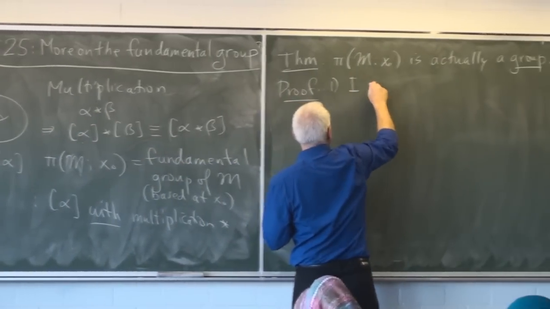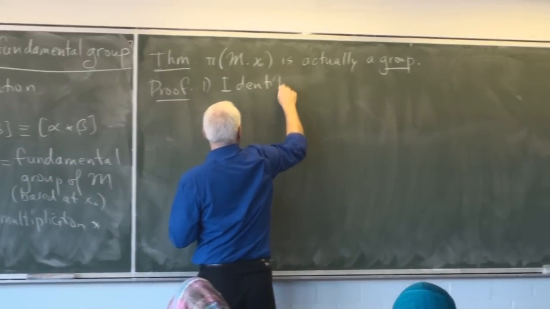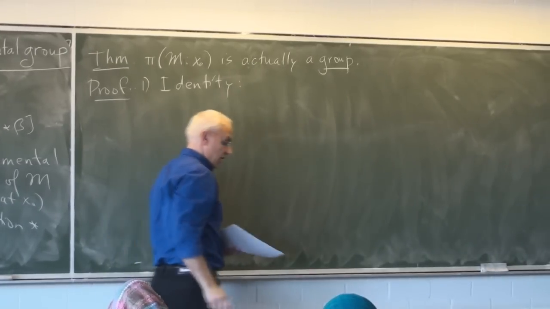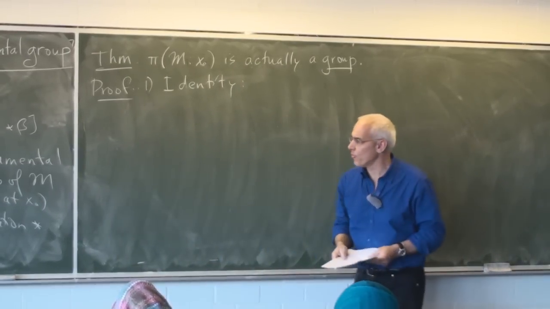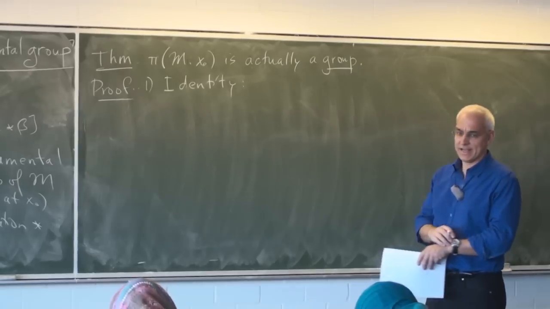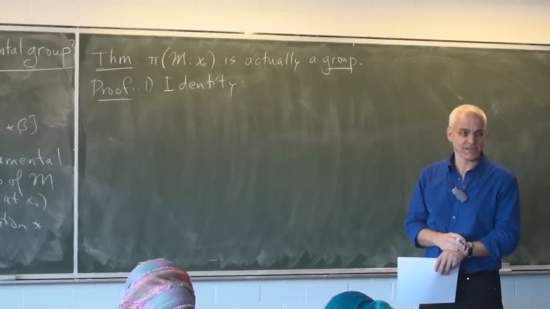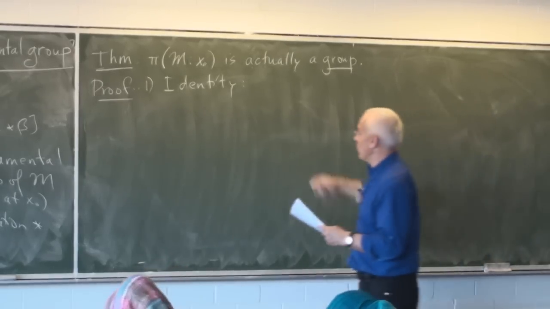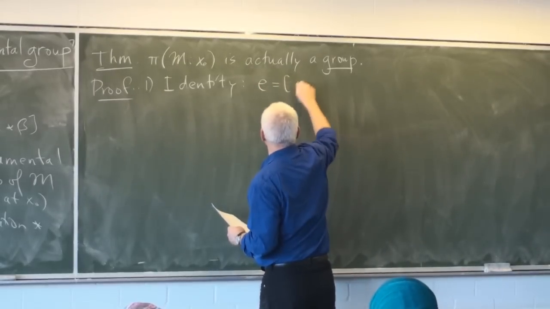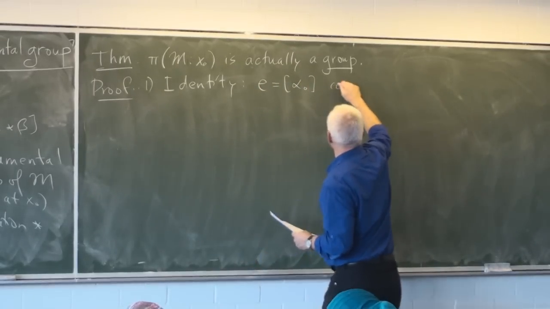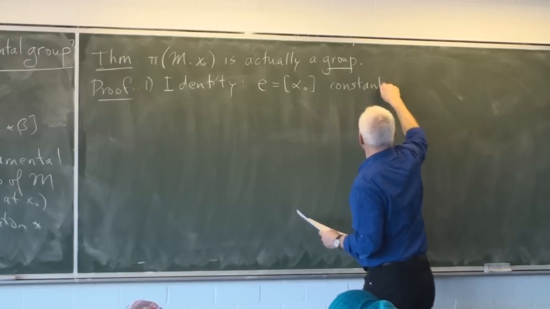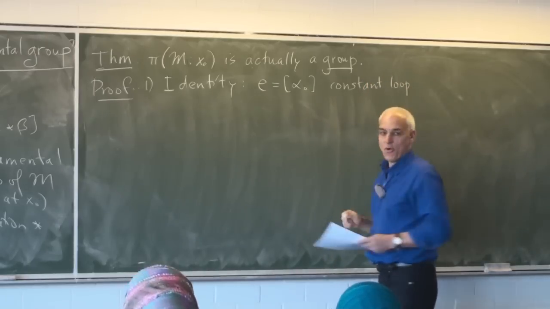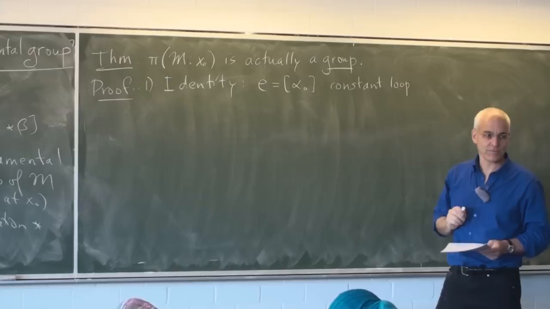So first, the identity. Is there an identity element in this group? Well, it's pretty obvious that there is, and it's the constant loop. So the identity element is what we've been calling alpha 0. That's the constant loop, the loop that doesn't go anywhere, that just stays at x0.